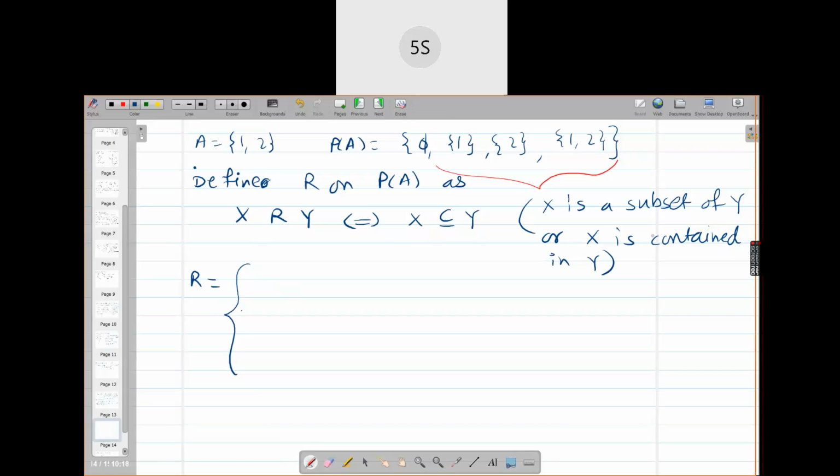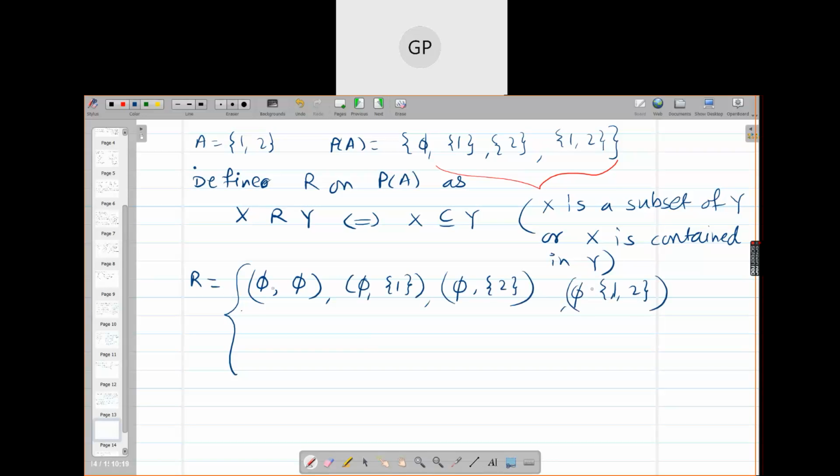Yes, ma'am. So ordered pairs कैसे होंगे? Phi phi होगा ना phi phi भी, because every set is a subset of itself. Then you have phi is a subset of singleton 1, phi is a subset of singleton 2, and phi is a subset of 1 comma 2 also, right?